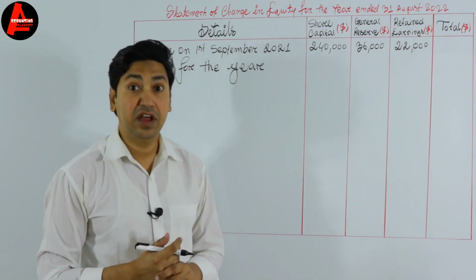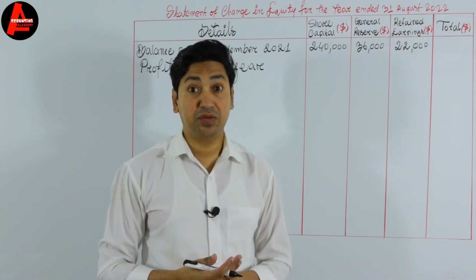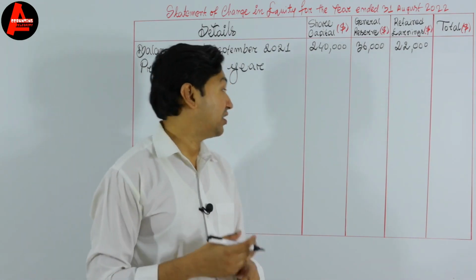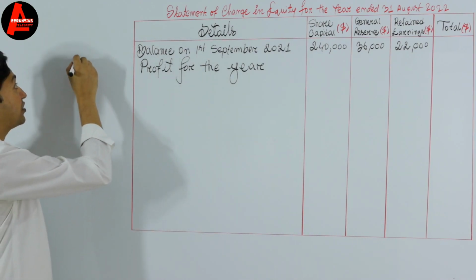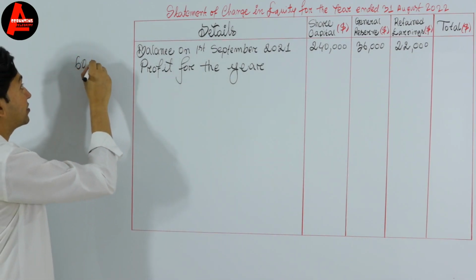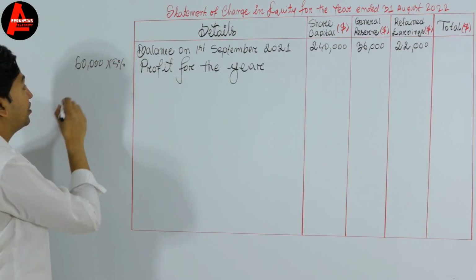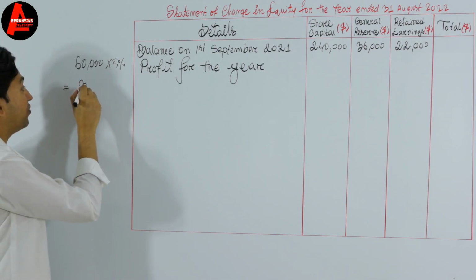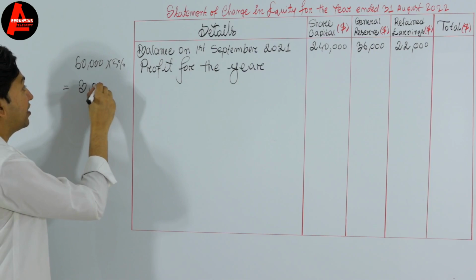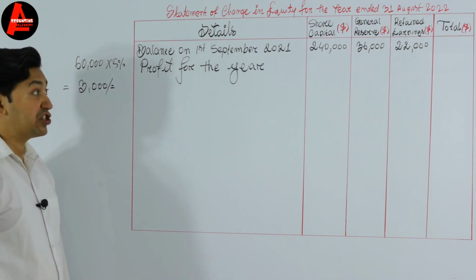So in the question we have debentures $60,000. We have the rate of debentures, which is 5%. So let us calculate the interest on debentures. Debentures $60,000 multiplied by 5%. If we calculate, we find $3,000. This is the interest on debentures.